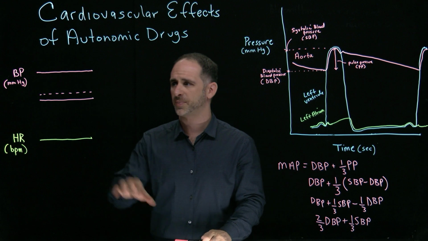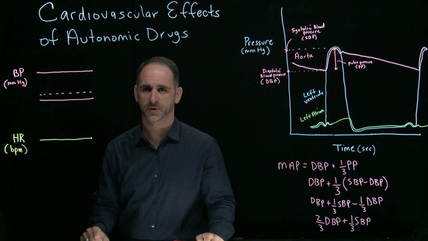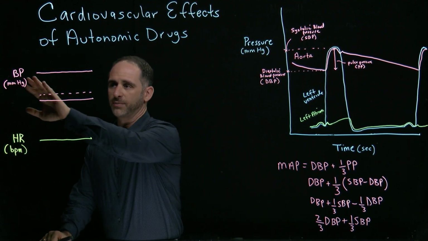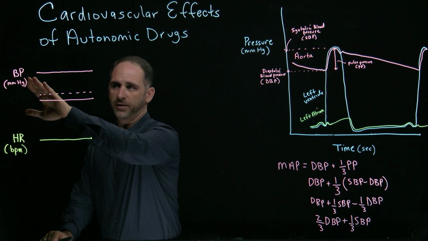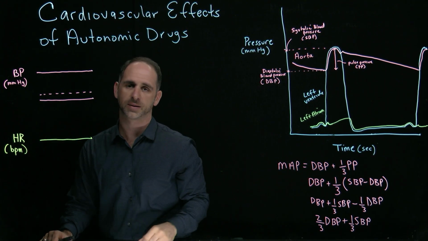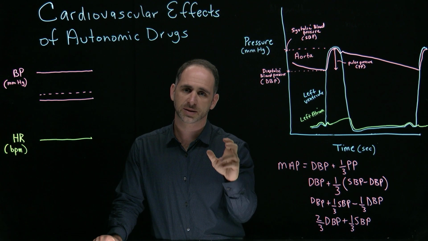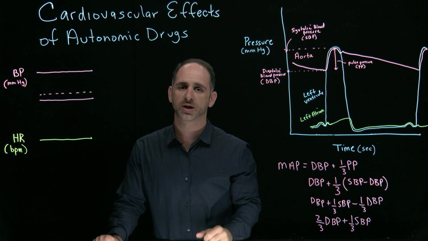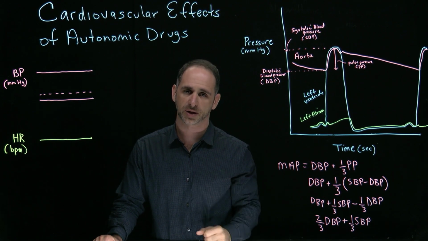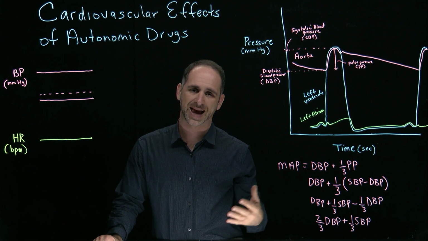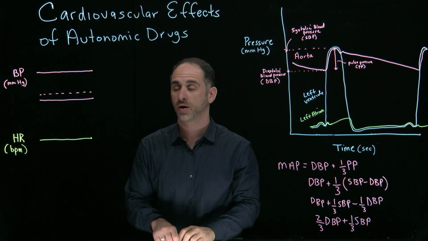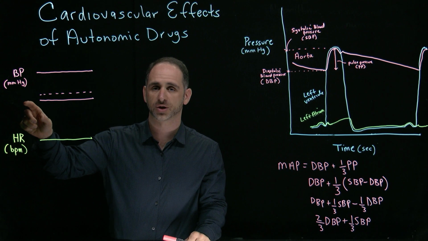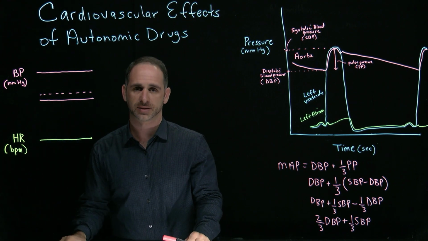What we do is use a representation like this right here. You can see we have blood pressure above and heart rate below. Those are the two considerations, blood pressure and heart rate, that we're going to be looking at as we look at various agonists and antagonists. Notice for the blood pressure there are 3 lines.